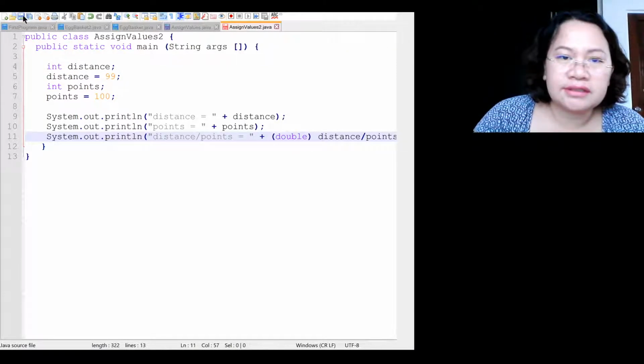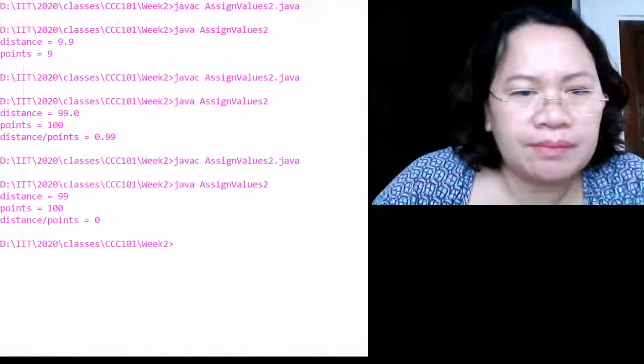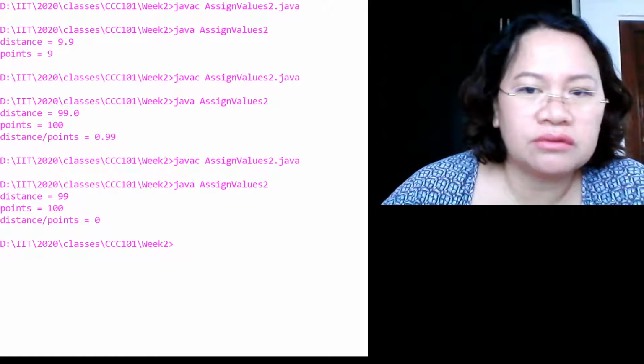No? Let's atong gi-typecast ang distance divided by points, imbes kay integer by integer, you get a result of type integer. Shall we say we want the result to be double? To get typecast na to diha. So let's see what will happen if we get 0.99 instead of a 0.